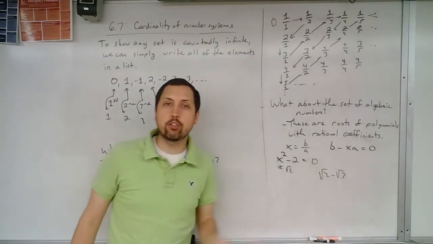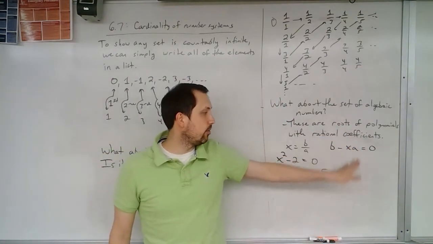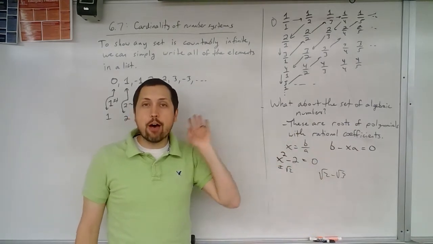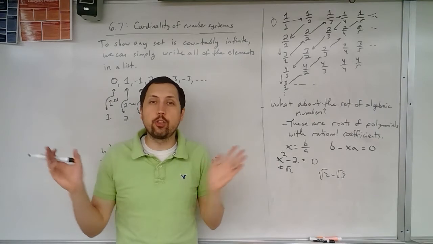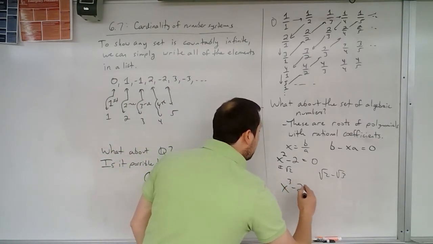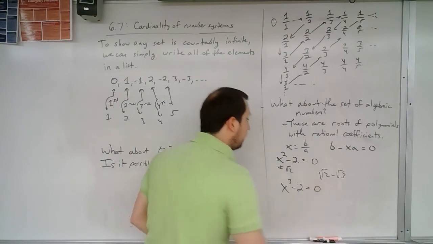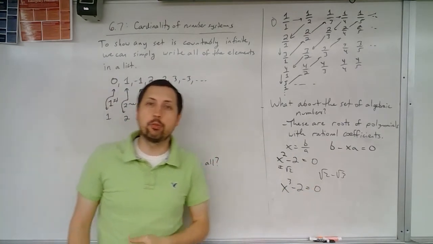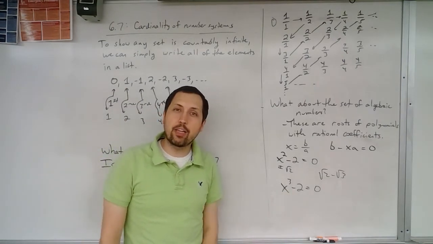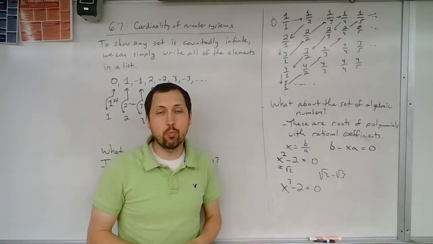I can come up with polynomials that have rational coefficients that make this work. So you now get to add in a whole bunch of square roots. You can also add in cube roots, right? Because you have something like x cubed minus 2 is equal to 0. The root of this would be the cube root of 2. So algebraic numbers now give us a whole lot more to work with.